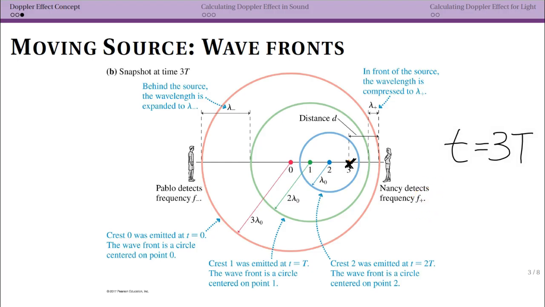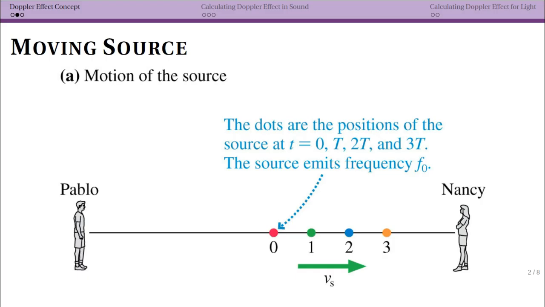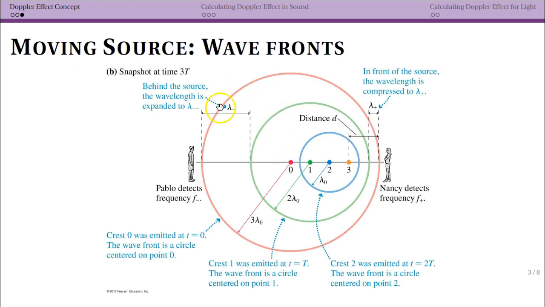Again, this can be a little tricky to think through, and I really encourage you to do so. We said that it's giving off crests spaced at one period. This is the source speed, which is different than the wave speed. Each crest, in a circular or two-dimensional sort of way, is centered on where the source was at that moment, but the source was moving.